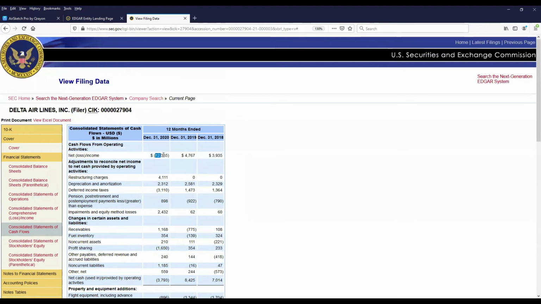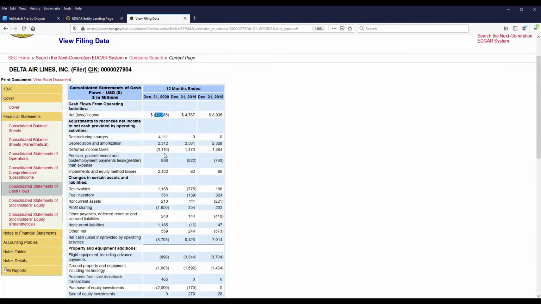Again, you see the net loss of $12 billion, right? But again, we are using accruals accounting. As a result, it does not mean Delta lost $12 billion in cash.